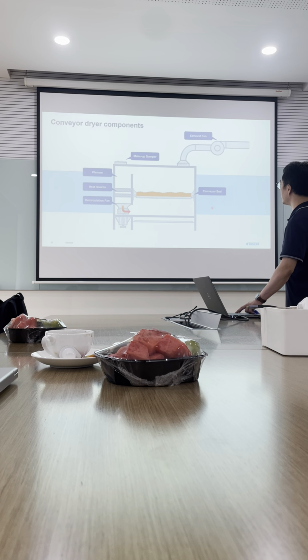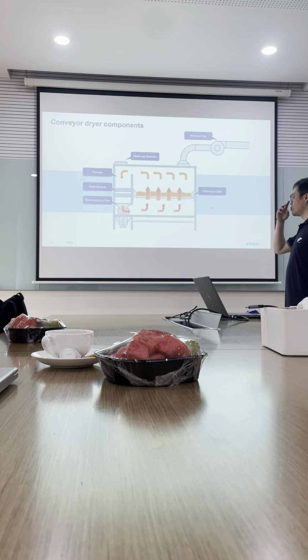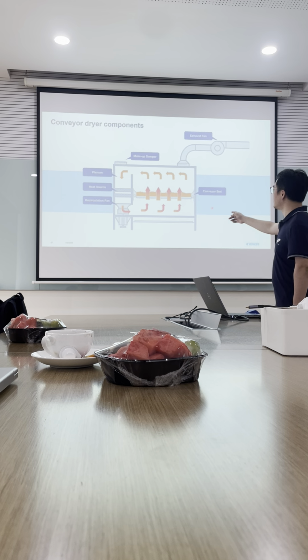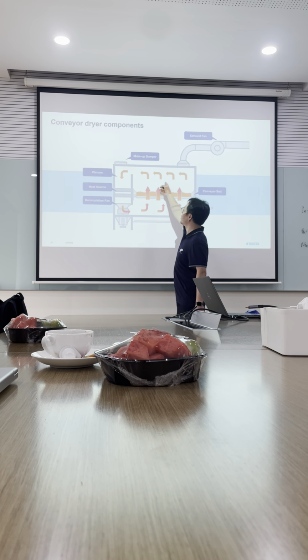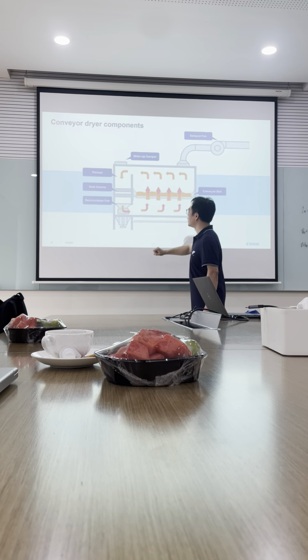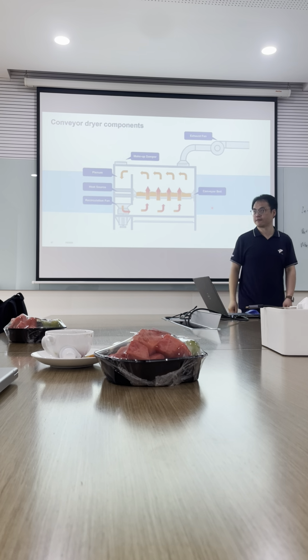This is the airflow inside the dryer. The recirculation fan pulls the air from the makeup damper and the air from inside, mixes them together and blows it throughout the plate.